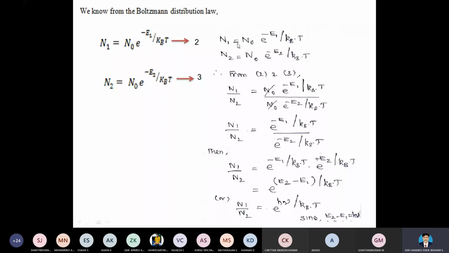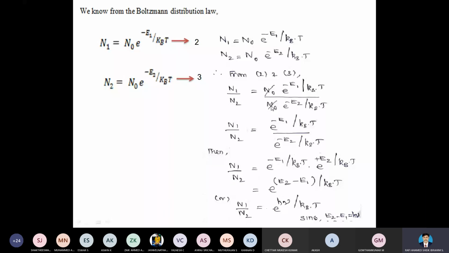See here, N1 is equal to N naught e power minus E1 by kBT. N2 is equal to N naught e power minus E2 by kBT. From 2 and 3, N1 by N2 is equal to, substituting these values, N naught e power minus E1 by kBT divided by N naught e power minus E2 by kBT.